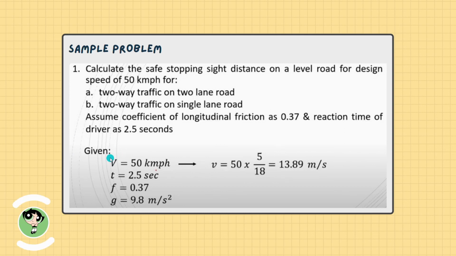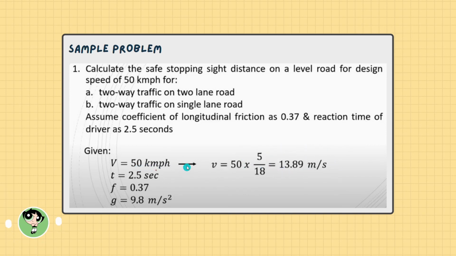We have the given here, our V or the design speed, which is 50 kilometers per hour. So we can convert it to meters per second. We have V equals 50 kilometers per hour times 5 over 18. So we will have a value of 13.89 meters per second.